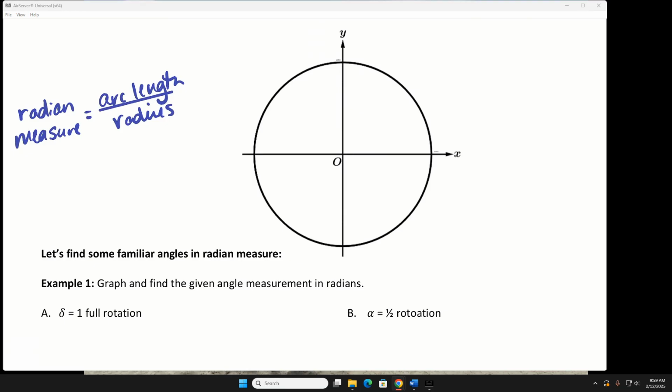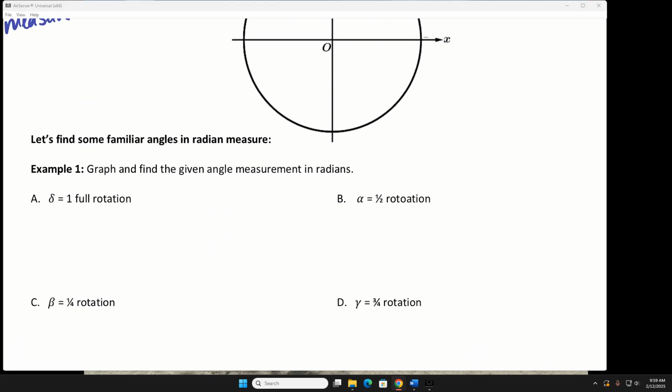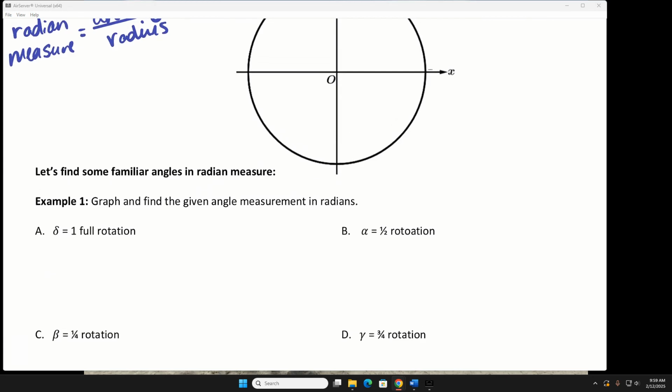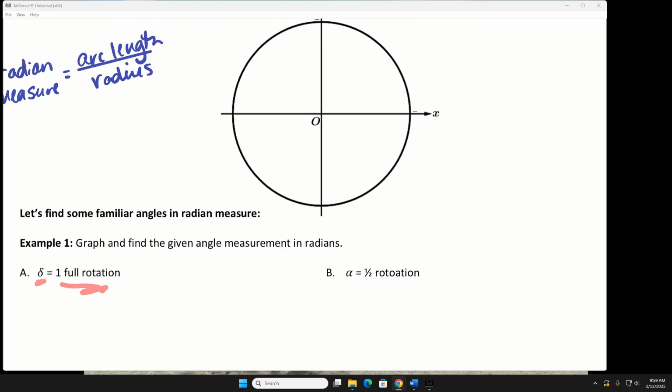What we're going to do is graph and find the given angle measurement in radians. There's more than degrees and radians to measure angles. Angles are also measured in revolutions. Each one of these angles is measured in revolutions, and we're going to change that measurement to radians. We have this angle that is 1 full revolution.